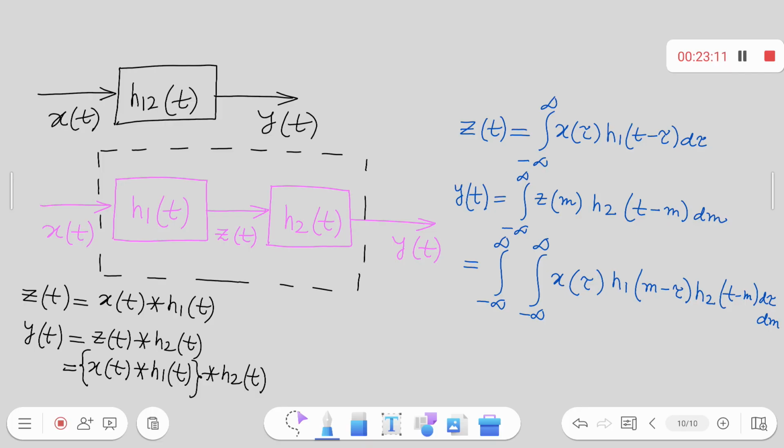Is it all right? Any doubt up to this? Just the change of variables and all.